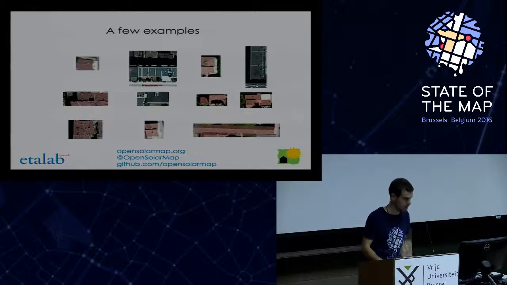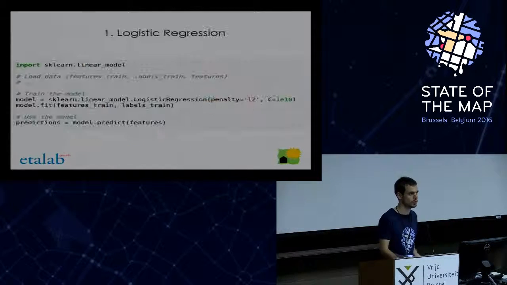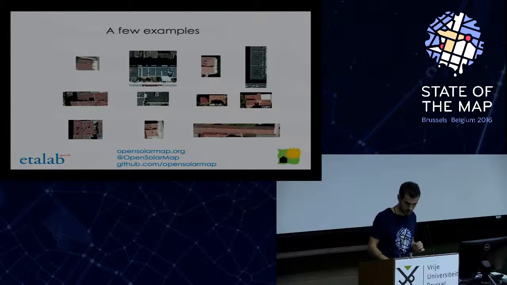Next, after having built considerable training data sets of like 10,000 roofs in 3 weeks, we decided to use automated learning to generalize. And you may think that machine learning is very complicated and only for specialists.